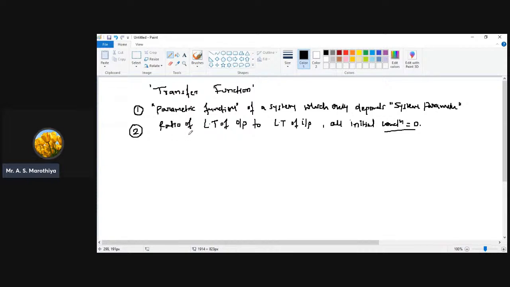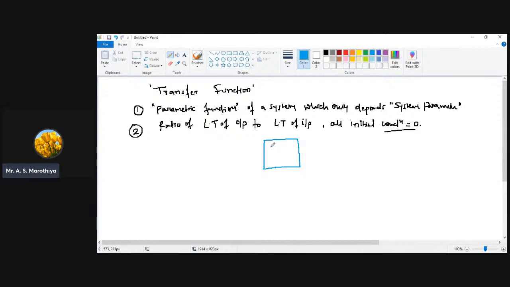Let me elaborate on this particular term. That means the ratio of Laplace transform of output by Laplace transform of input, assuming all initial conditions to be zero. So let us consider that we are having a system, and this system is designed through some parameters.